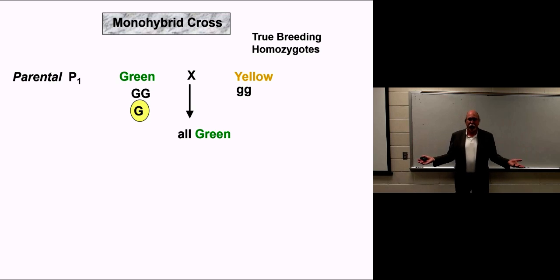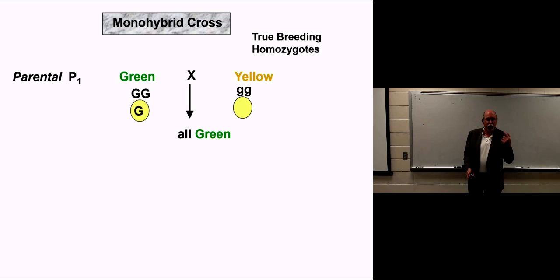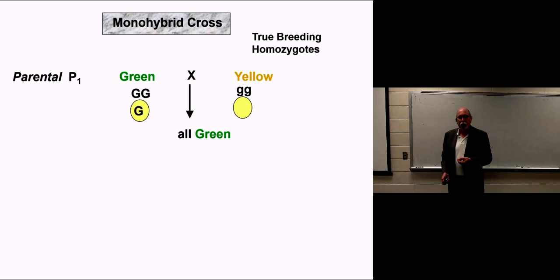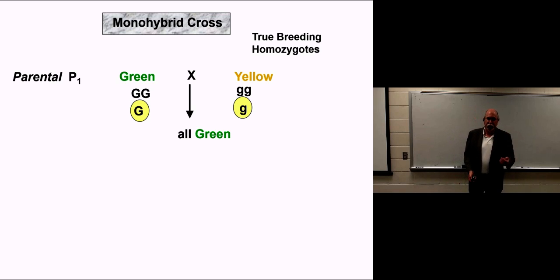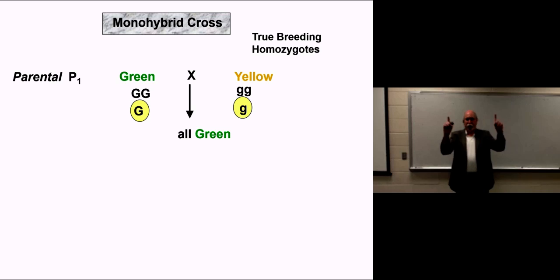They can make millions of them, pollen, but they're only going to have one genetic piece of information. That's the green allele, right? The yellow ones, if they're homozygous, can only make one type of gamete, and that's going to have the yellow piece of genetic information. We're calling that little g. If you're pollinating those two together, the kids can only get a big G and a little g. That's all they can get.